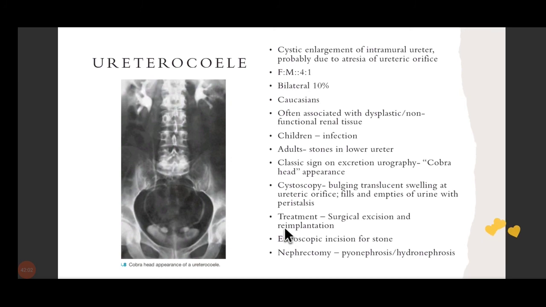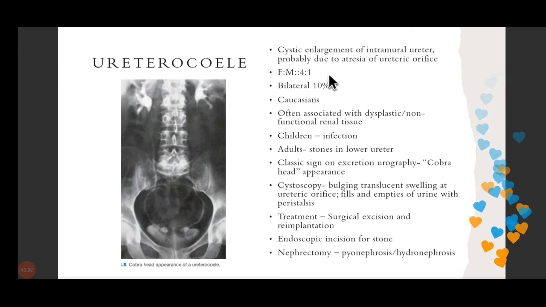So ureterocele is important, or rather famous, because of a question which comes in your exams and is often asked in your viva voces, that there is a characteristic cobra head appearance, which is visualized here. The pathology is a cystic enlargement of the intramural ureter, probably due to atresia.